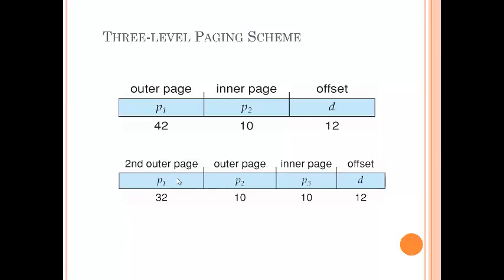to increase the number of levels at any cost, because size and time work against each other. If we increase the number of levels, it will increase the access time. So we need to maintain the balance of size as well as time.